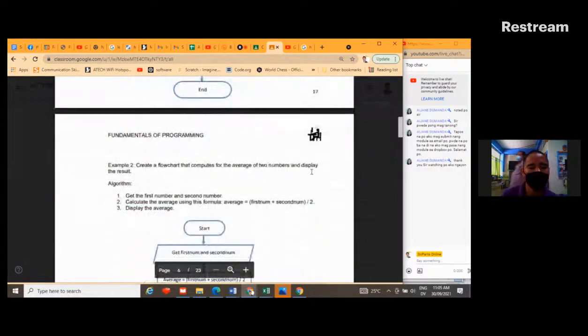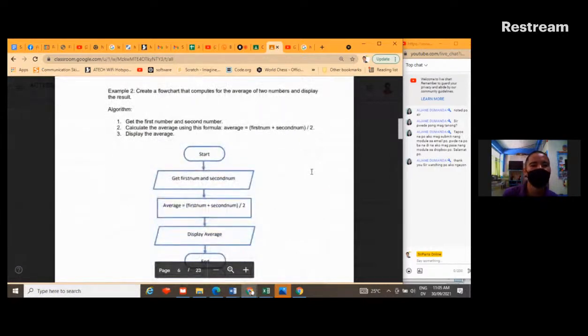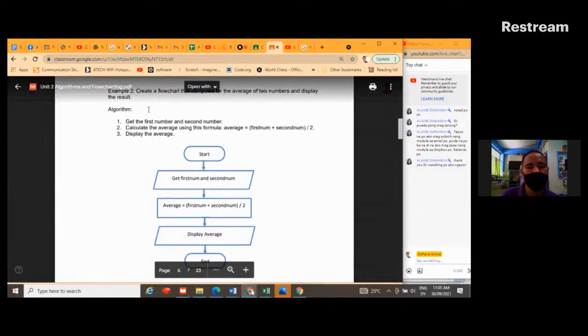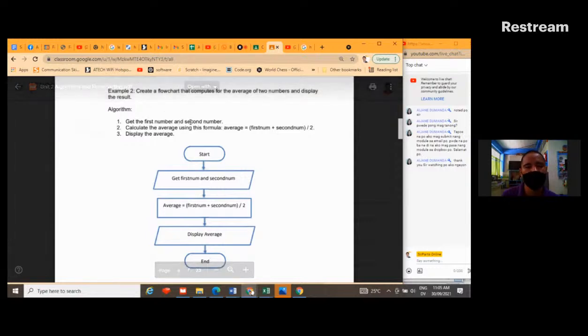Next would be example 2. Create a flowchart that computes for the average of two numbers and display the result. So you have the algorithm: get the first number and the second number, and then calculate the average using this formula.